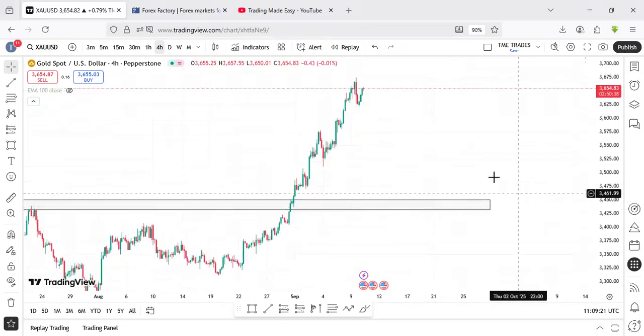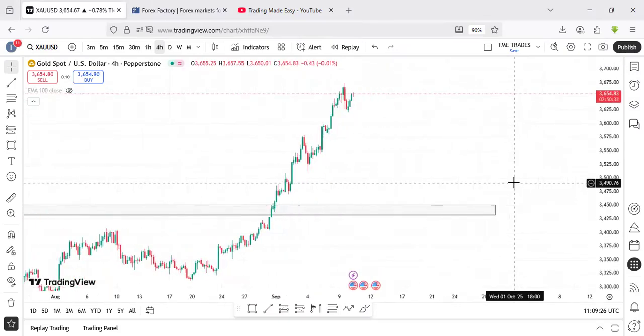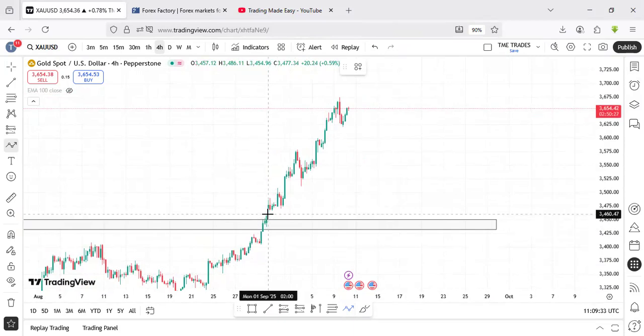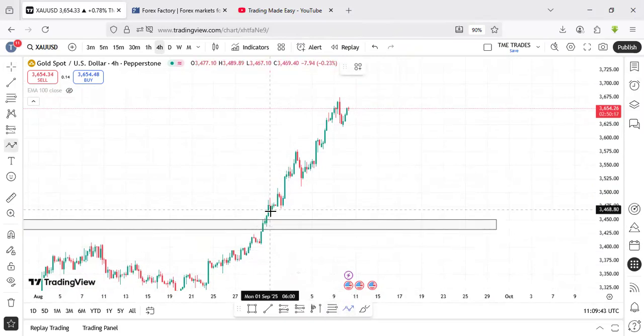Now, in 4 hours, what do we have here? We can see how this market is printing a series of higher highs and higher lows. Let's start from here.